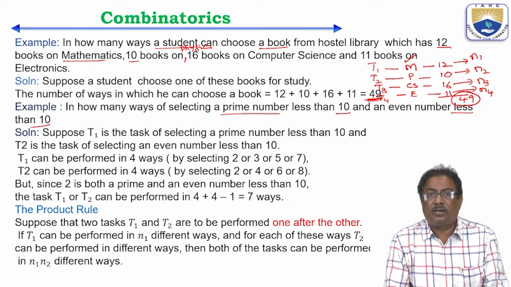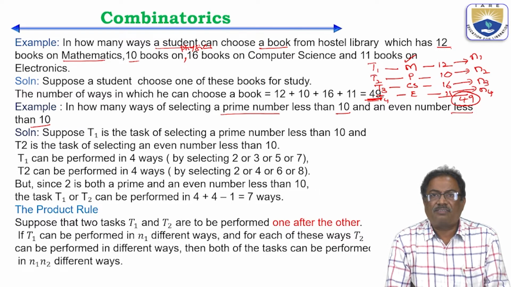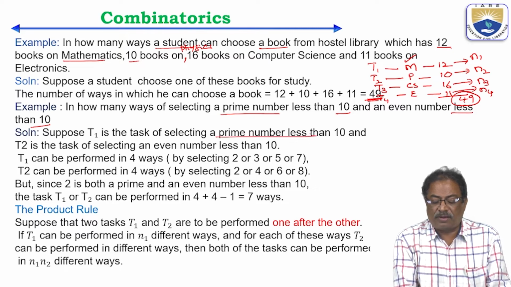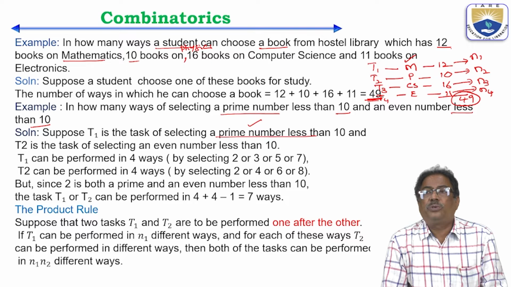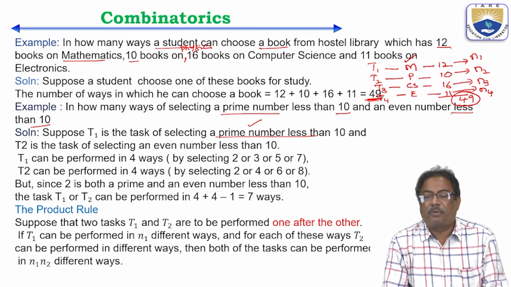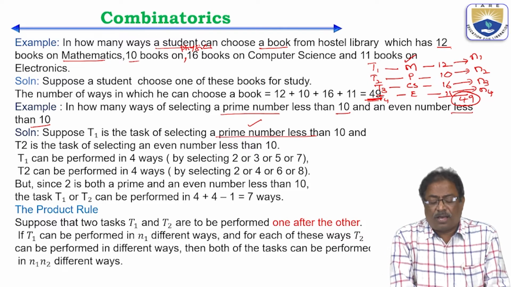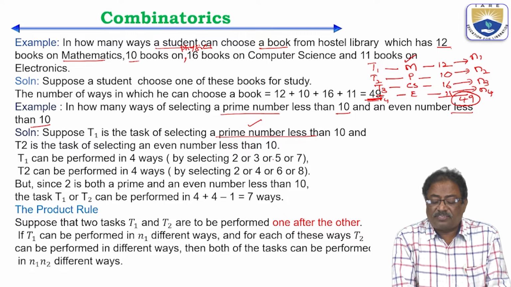Let us consider T1 is the task of selecting a prime number, and T2 is the task of selecting an even number. Now, in how many ways can T1 be done?